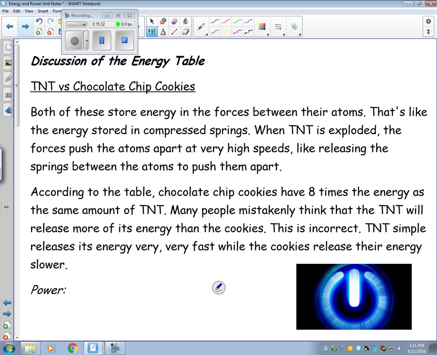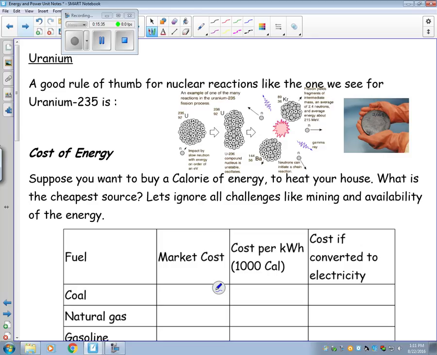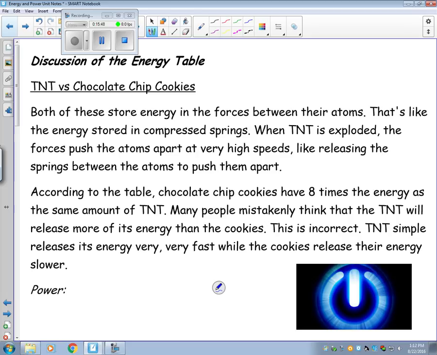So when we take a look at this, go back a page here, we can see that a chocolate chip cookie has even more energy in it than dynamite. So we're going to finish this video here, and we'll come back to it in video 2.